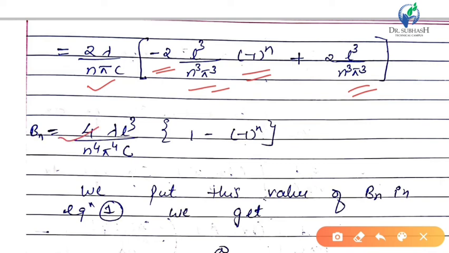So here I will get 4λL³ and from the denominator n³π³ will be taken common, so here I will get n⁴π⁴c. Inside the bracket I am left with 1 − (−1)^n.